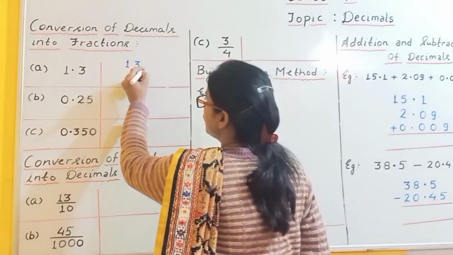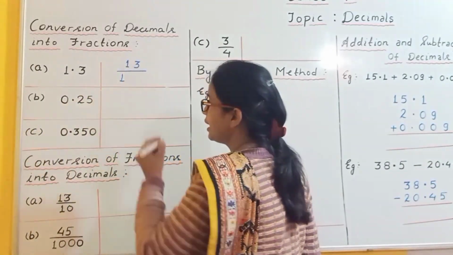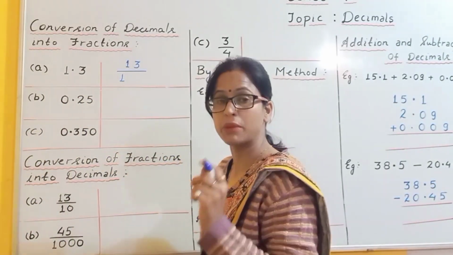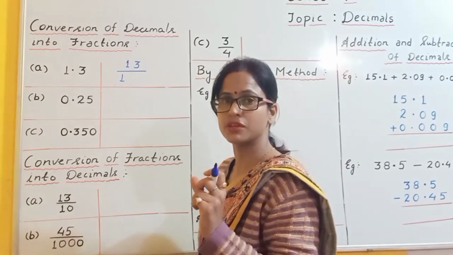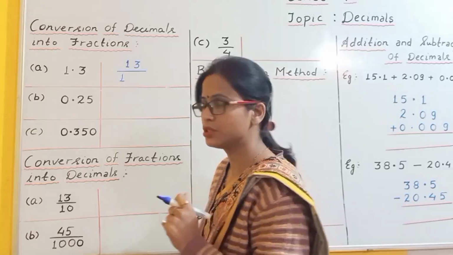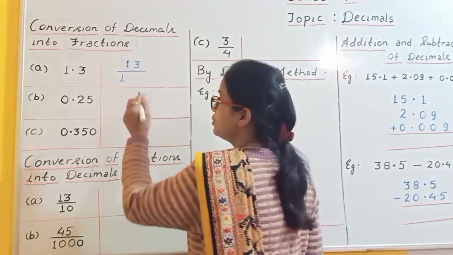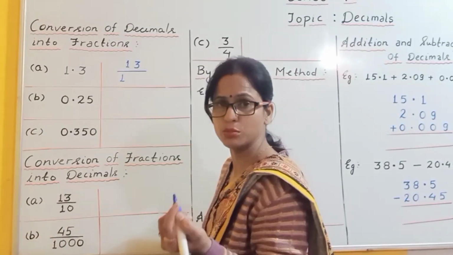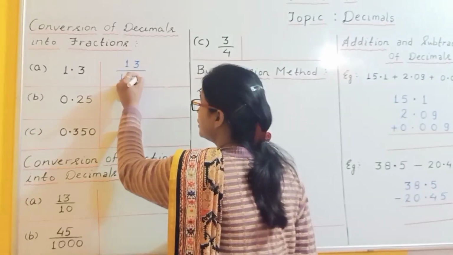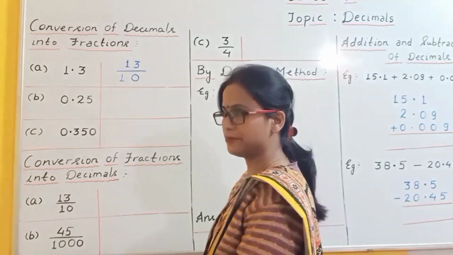We'll form the denominator by putting 0 after 1, and we put 0 according to the number of decimal places. Here the number of decimal places is 1, so we'll form the denominator by putting one 0 here. So the fraction will be 13 upon 10.